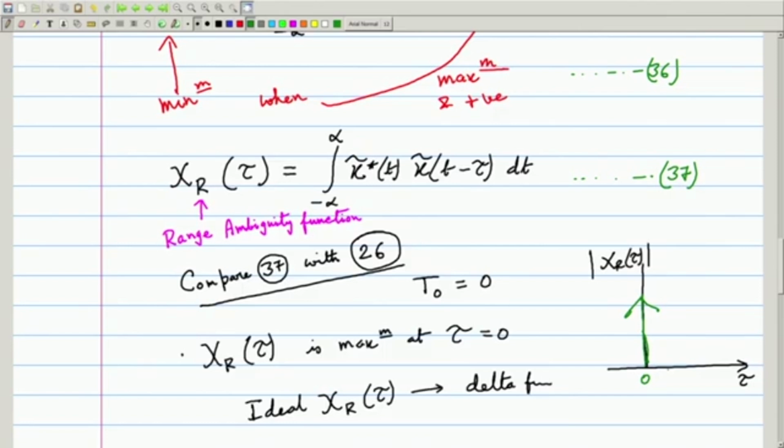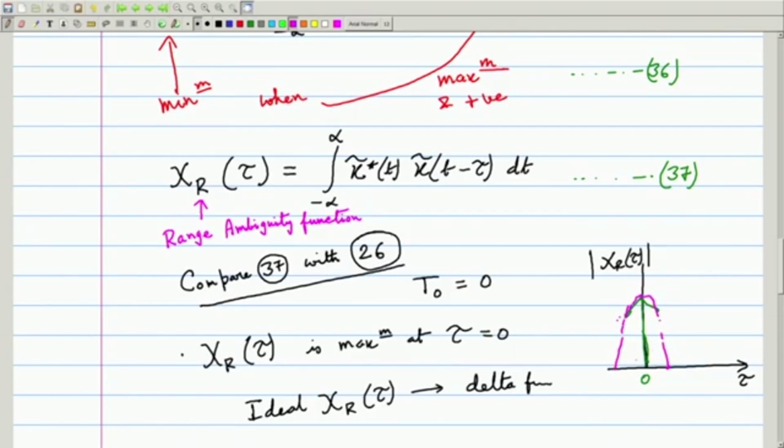But obviously, in life you cannot have this type of autocorrelation function. So, we require that it should fall very quickly from 0. In real life you do not have the ideal shape, but whatever the shape, the closer it comes to 0, the better.